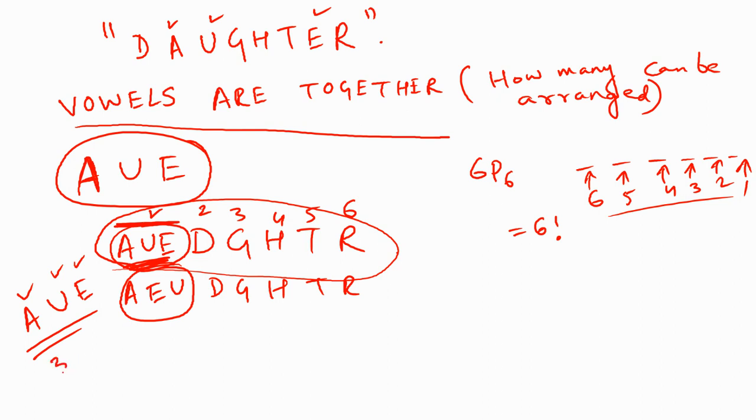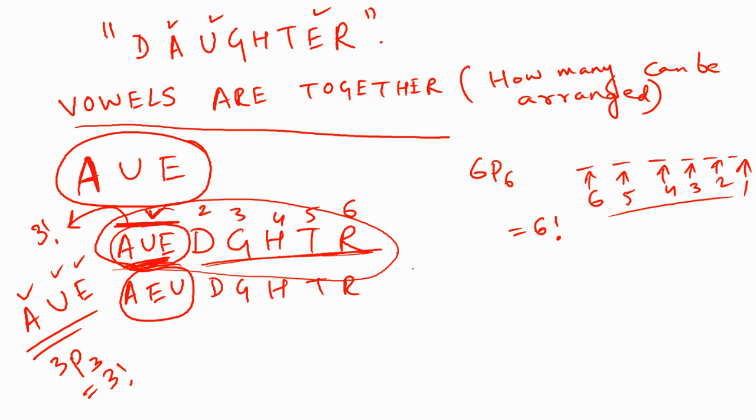So we can rearrange it in 3p3 ways, or 3 factorial ways. So for each scenario of DGHTR, there are 3 factorial scenarios. AUE can be rearranged within itself for each scenario of DGHTR. Similarly, for another place where AUE is, we can again rearrange it in 3 factorial ways, right?